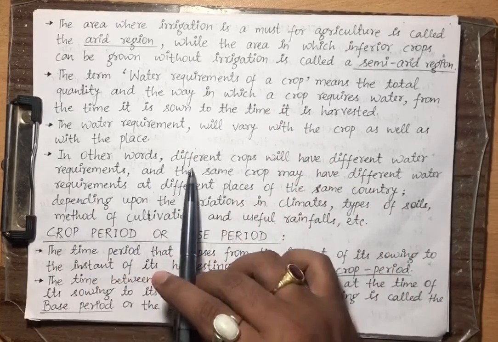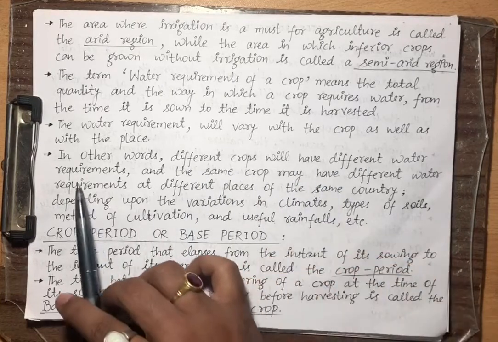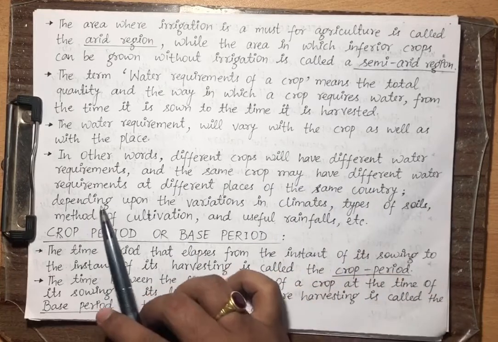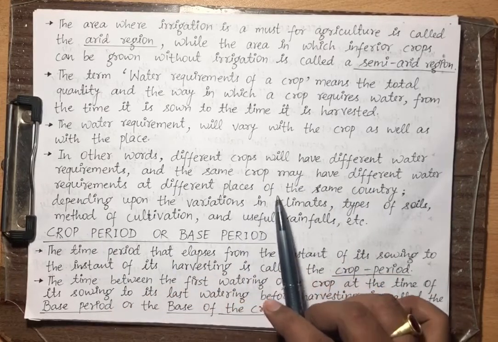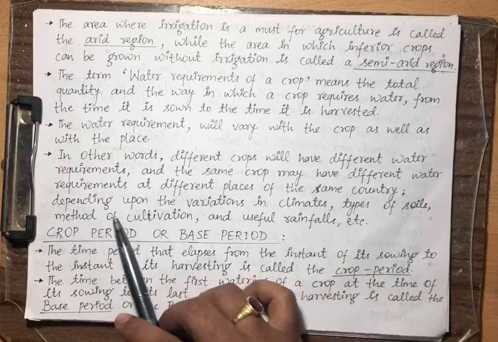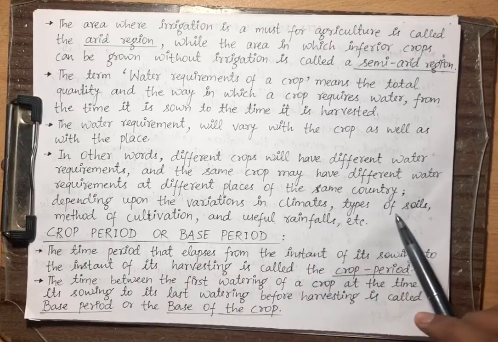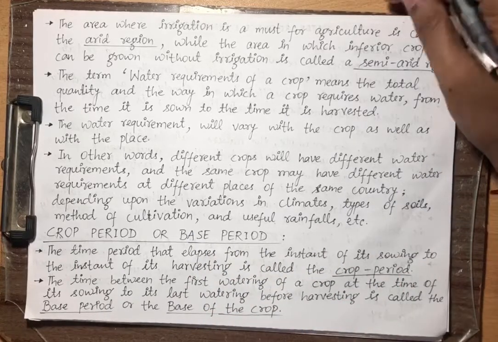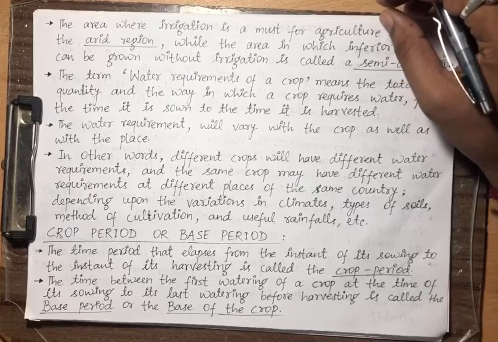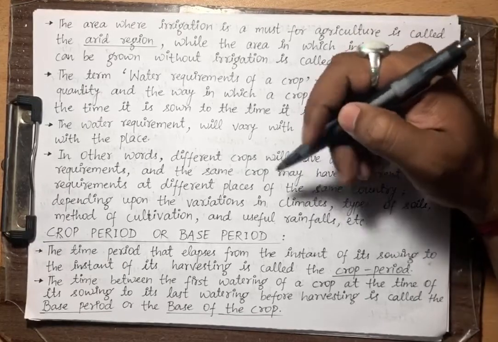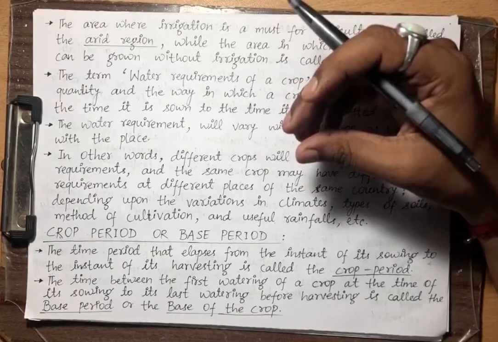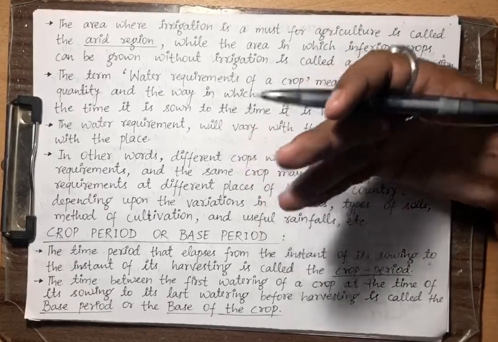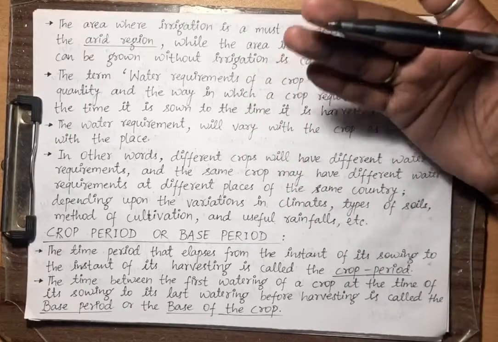In other words, different crops will have different water requirements, and the same crop may have different water requirements at different places of the same country, depending upon the variations in climate, type of soil, method of cultivation, and useful rainfall, etc. So if we are sowing the same crop at different places of the same country, then also we are going to have different requirements for the same crop.